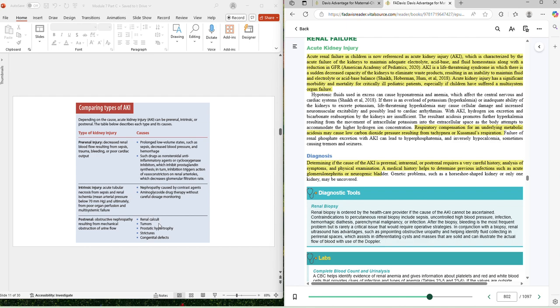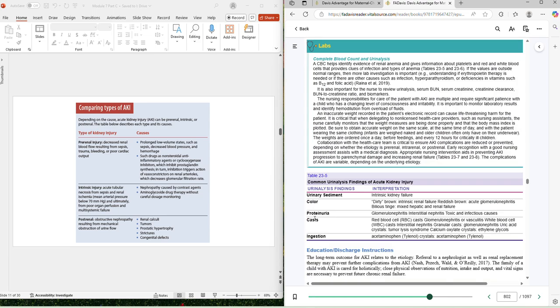All of this can contribute to AKI. Maybe their blood pressure is low. And what controls our blood pressure? Renin, right? So if the blood pressure is low, maybe our renin has been compromised. Flank pain, that could be renal calculi. Okay, so something could be going on. Just make sure you understand that.